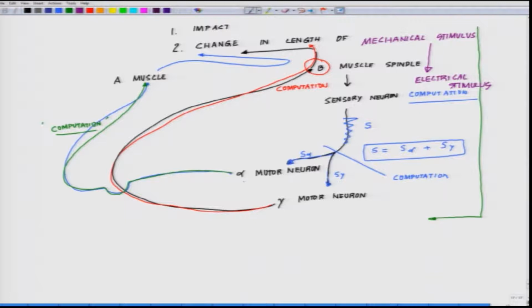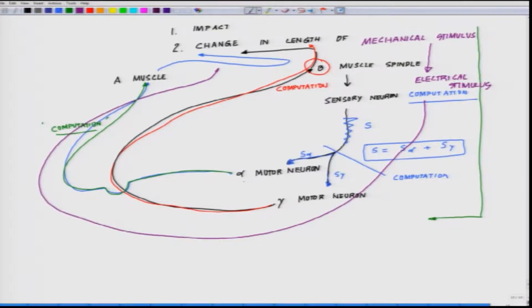This electrical stimulus is then computed back through multiple channels, and again this electrical stimulus is translated into a mechanical stimulus where there is a length change, recalibration or restructuring of the length happening. So, what you essentially see is mechanical signal to electrical signal to mechanical signal.